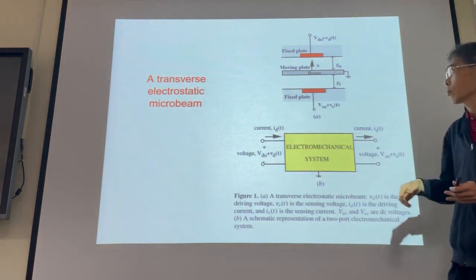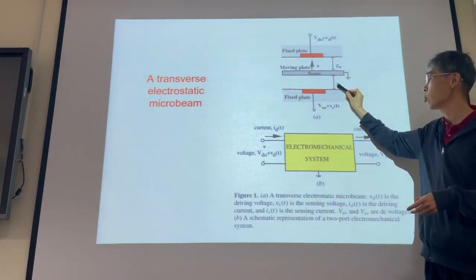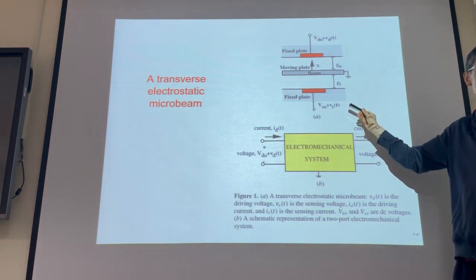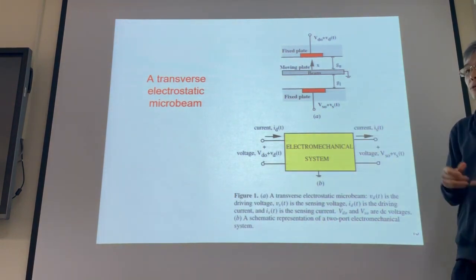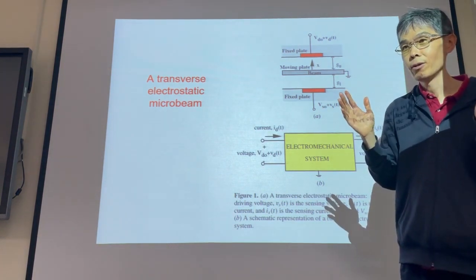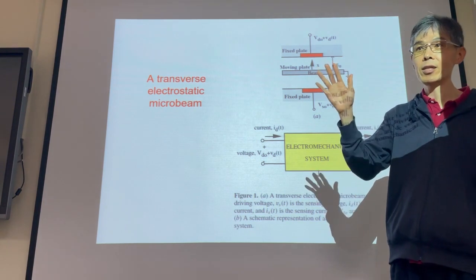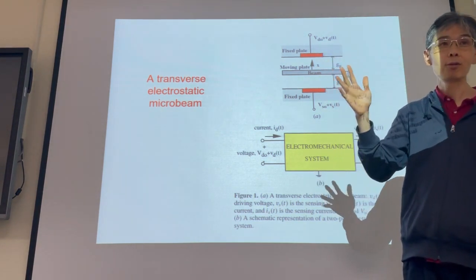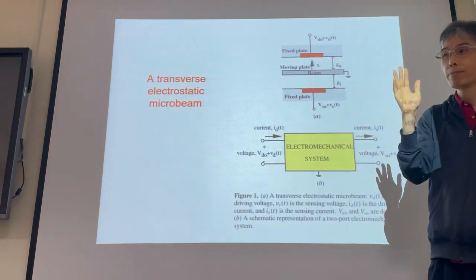So when you create your schematic, G stands for what? Why did he use G? Yes, gap, G. So in the academic world, don't invent any symbol. If you use this name, it must have some meaning.